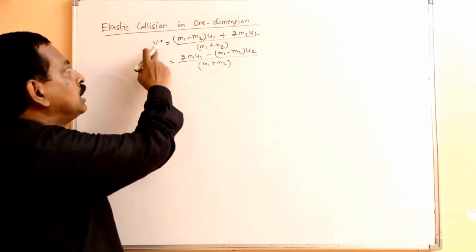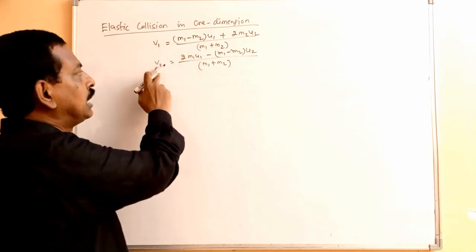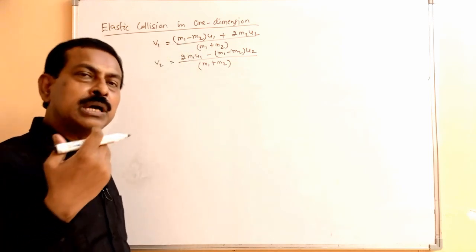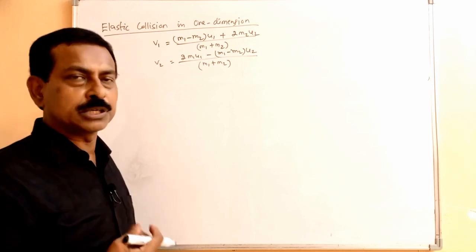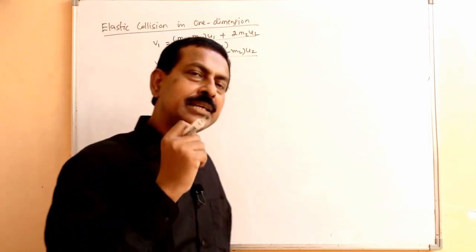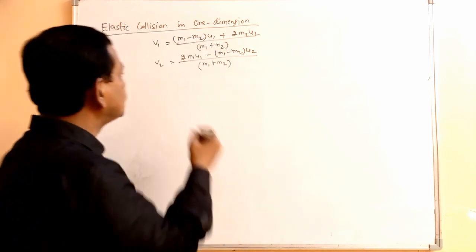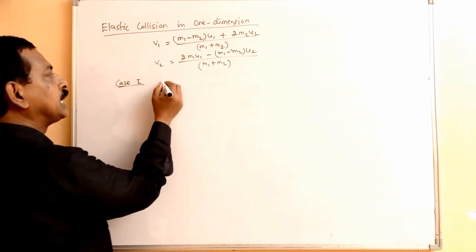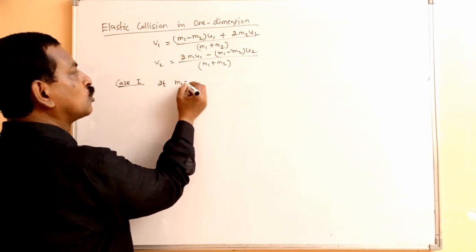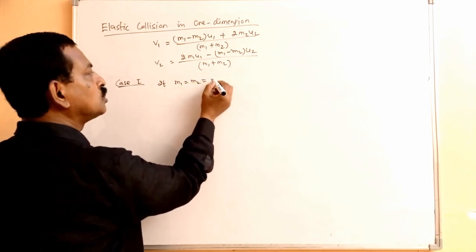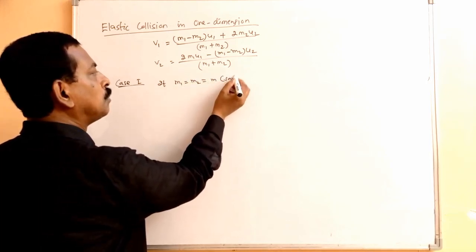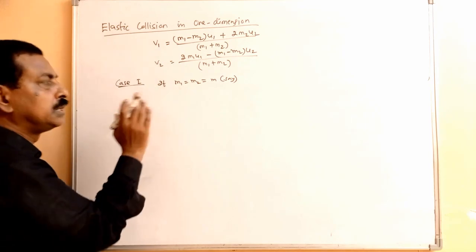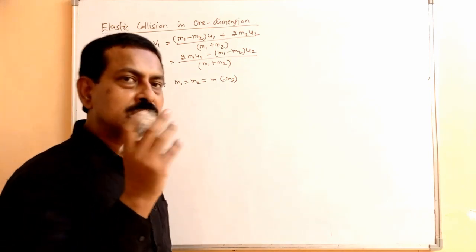What we have got for v1 and v2, the velocities of the first and second body after collision, we can now use to take different cases. Case 1: suppose m1 equals m2 equals m, that is, the two bodies have the same mass.